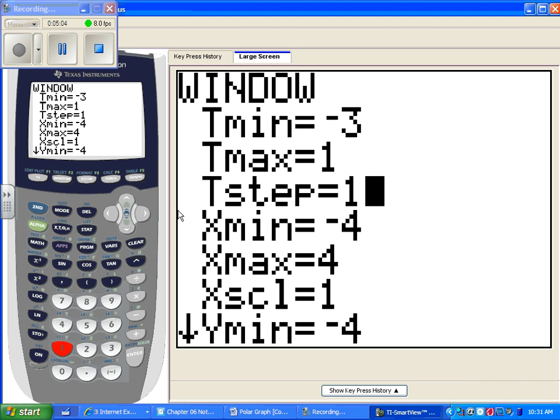Well, if I did something like that, it's only going to plot those points. What I'm trying to do is find what the graph looks like. So if I want it to look like a nice flowing graph that doesn't have a bunch of holes in it, I want the t step to be smaller. So you're going to have to use some judgment on that and maybe some trial and error. I'm going to start with just 0.1 and see what that does.